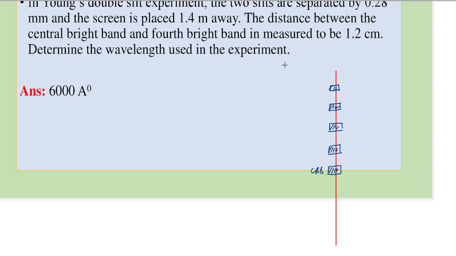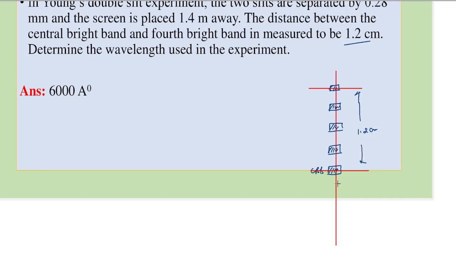The question says the distance between the central bright band and the fourth bright band is measured to be 1.2 centimeter. Means the distance between the central bright band and the center of this band is taken to be 1.2 centimeter.